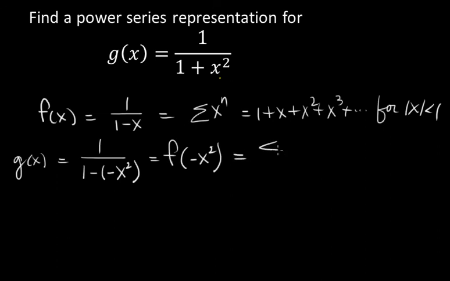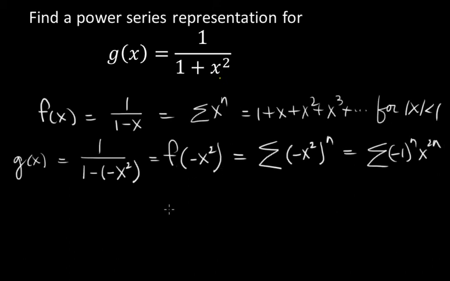So I could write this as the summation of minus x squared to the n, and then change it to the summation of minus 1 to the n, x to the 2n. If you use the summation notation, you definitely need to pull the powers of x out by themselves.